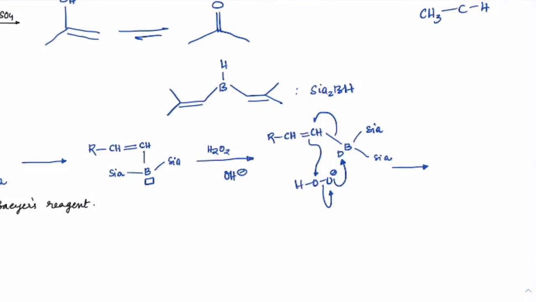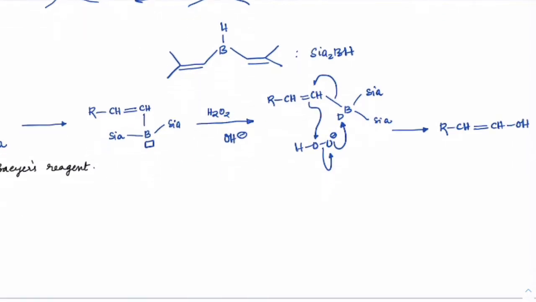So we will get Sia2BO minus, and here you would get R CH double bond CHOH, which tautomerizes to form RCH2CHO. So that is how we will get the respective aldehydes.